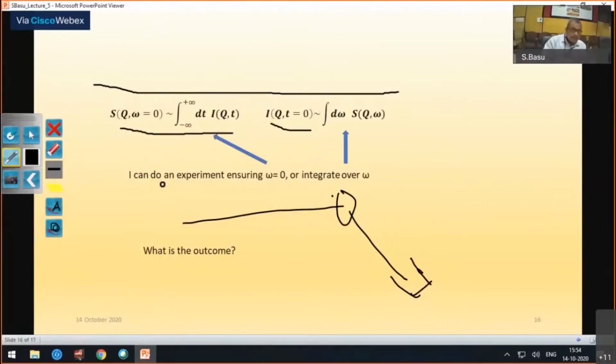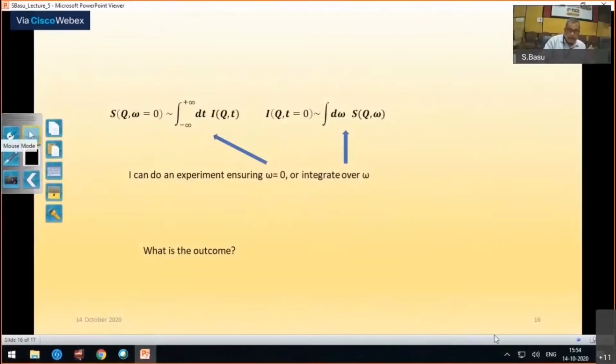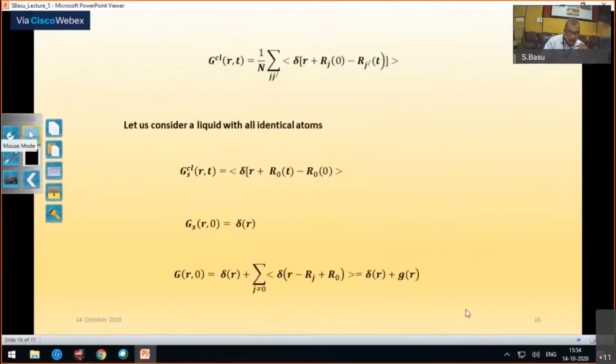I will try to go through quickly to tell you the other properties of the correlation function. I will not load you with the quantum mechanical treatment of G of RT, because then I cannot take the commutability of Rj and Rj prime in my system, and I have to do very elaborate algebra.